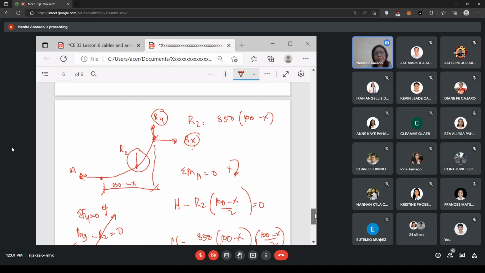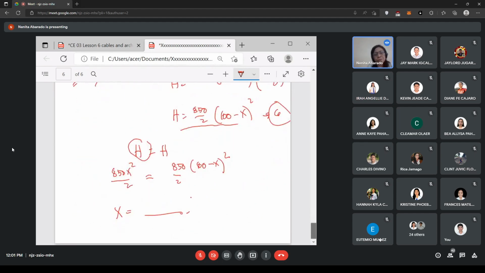Okay. And upon getting the values of those, let's say we have AX, BX, AY, BY. So, makukuha natin si tension. Tension at A is equal to the square root of AX squared plus AY squared.